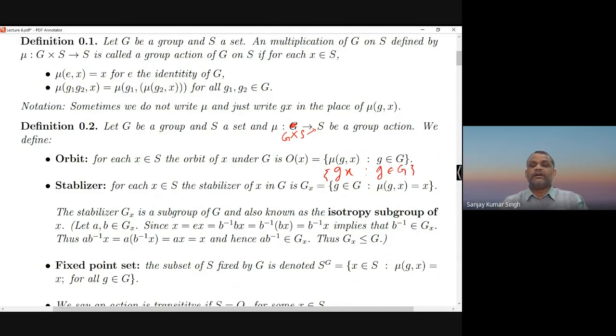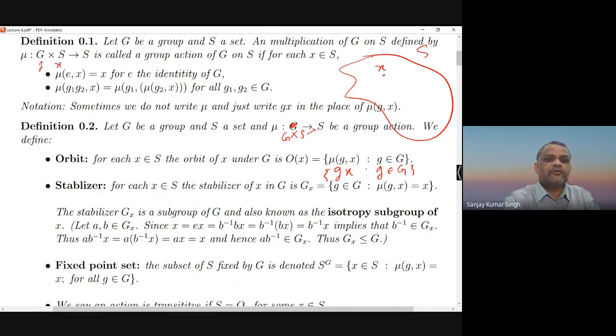So what it means: suppose this is your set S, any set S, and you have one point x. If I apply g on this point, it will give me another point gx. So suppose gx is this.